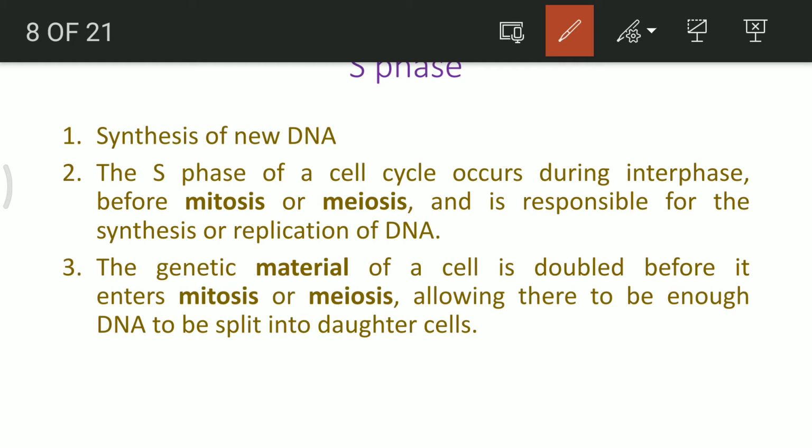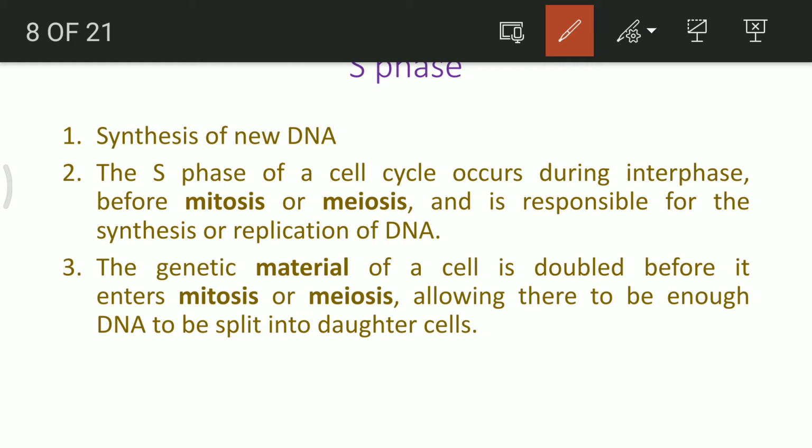So generally, what do the cells do in the S phase? They are just synthesizing their DNA counterparts. The sister chromatids are getting formed. So each chromosome carries a duplicated set of genes during this time.